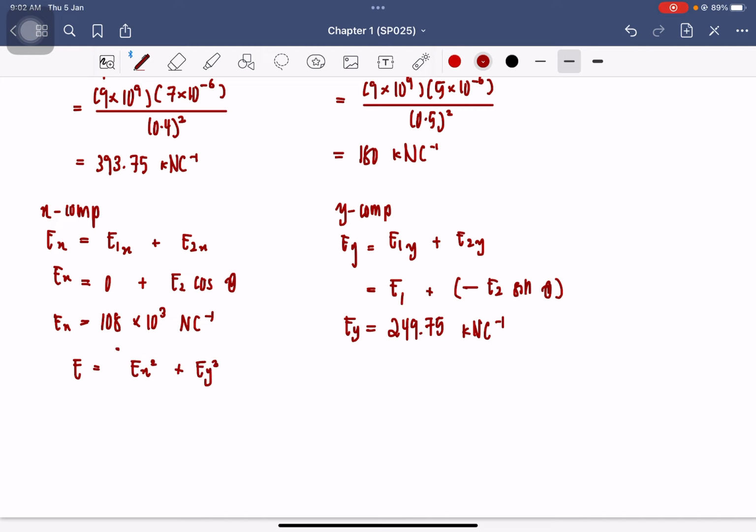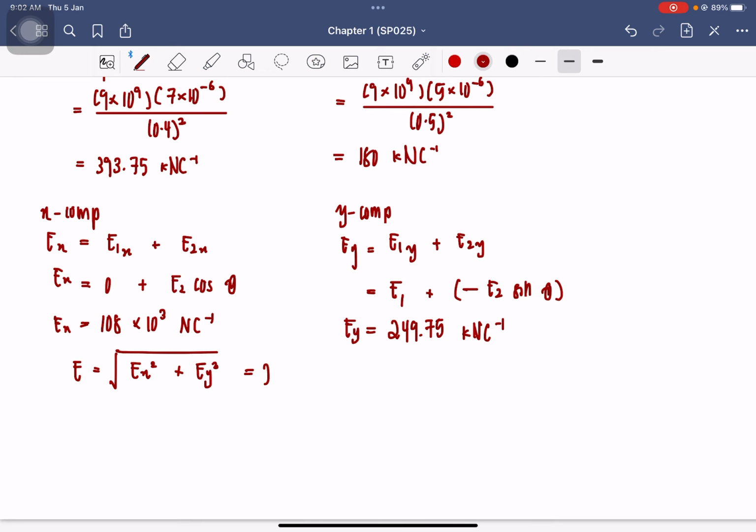After that, we have to resolve this using the square root of EX square plus EY square. From here you will get 272.1 kilonewton per coulomb. And then don't forget its direction. That is shift tangent EY over EX, which gives you 66.6 degrees.